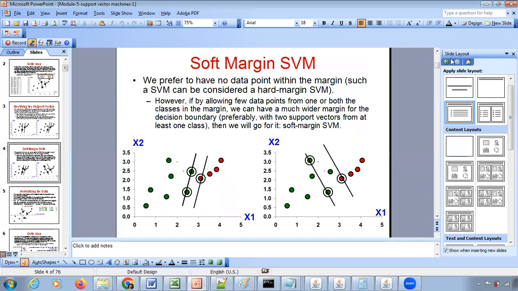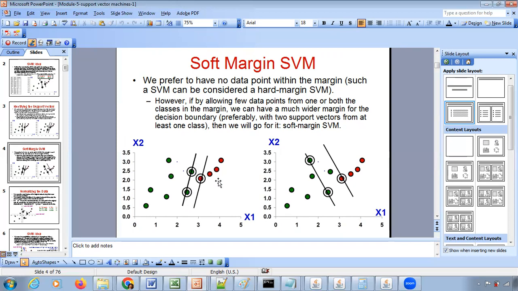Now, if you look at this visualization here, if I go strictly with the criteria that the data points chosen as support vectors need to be the ones that are closest to the other class, we could go with these two data points as support vectors with the red class.